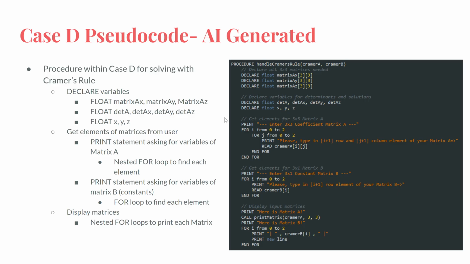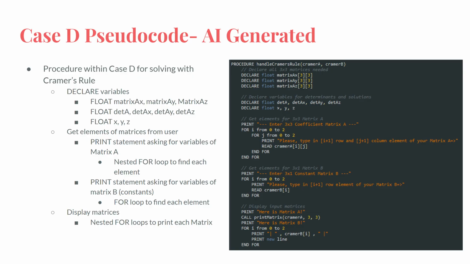It then prompted the user to enter each value for matrix A and matrix B using nested for loops. It then displayed matrix A and matrix B. Matrix A is printed using the print matrix function that was defined before. And for matrix B, it uses a for loop to print out the 3x1 matrix.